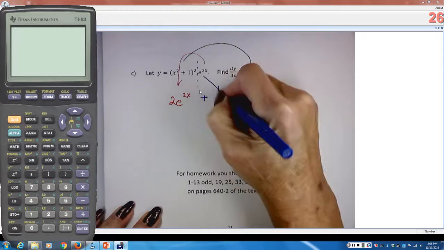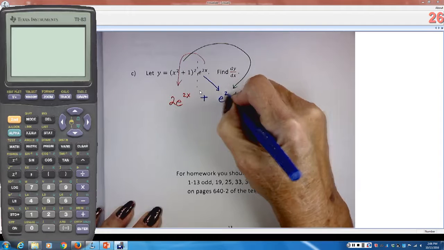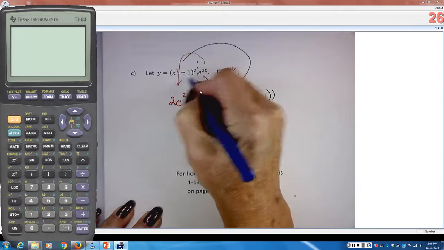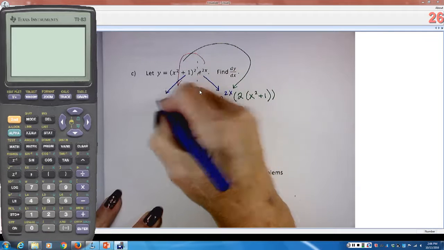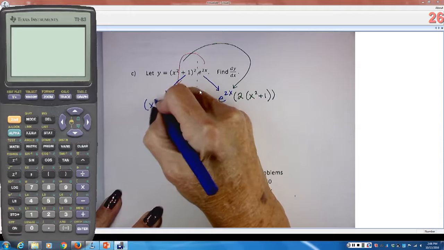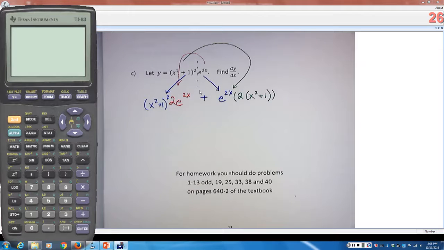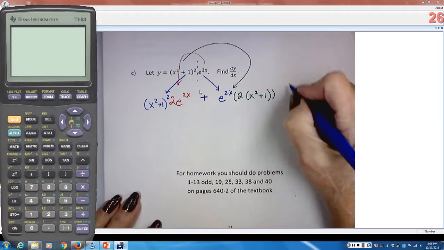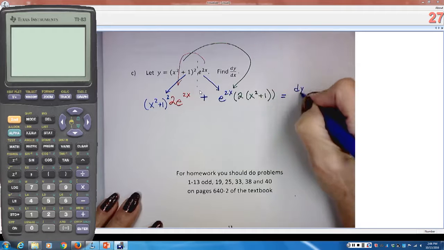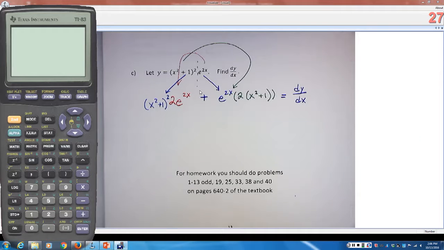So e to the 2x goes here. And x squared plus 1 squared goes here. And this is dy dx. And again, you can clean it up if you want to, but you don't have to.